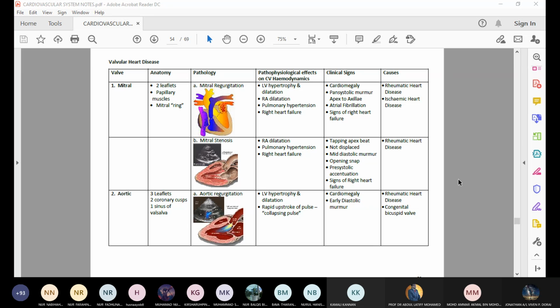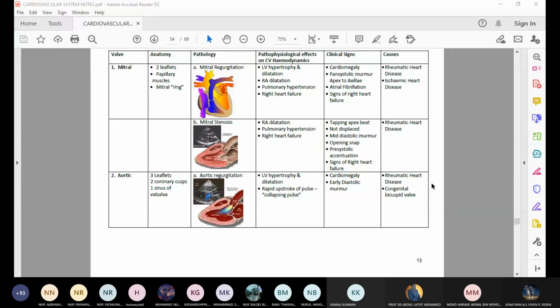Okay. There's no reason for you to have an increase in JVP. There's no reason for you to have hepatomegaly, ascites, and edema. Okay. The same thing happens in aortic stenosis.